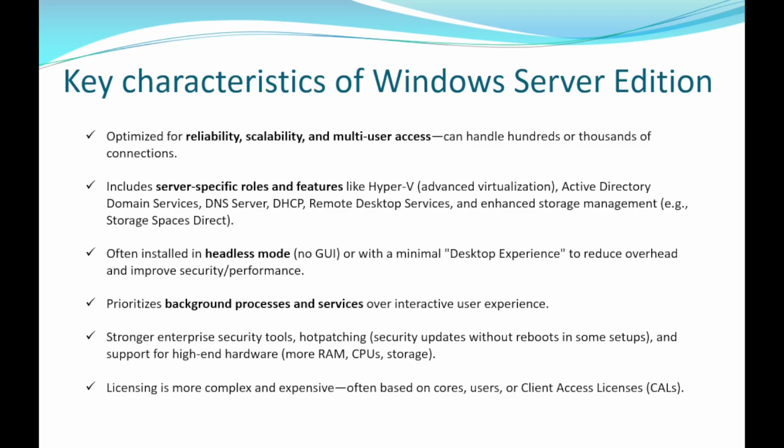This is a strong enterprise security tool. Hot patches we can do, and there is support for high-end hardware like RAM, CPUs, and storage. Licensing is more complex and expensive, often based on cores, users, and client access. Based on usage, the license will depend.